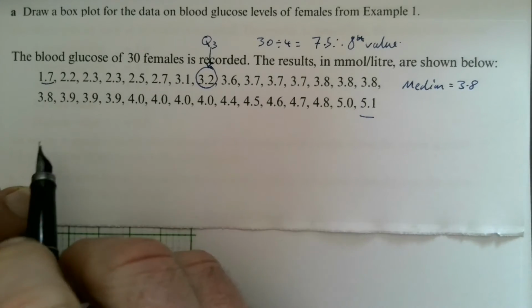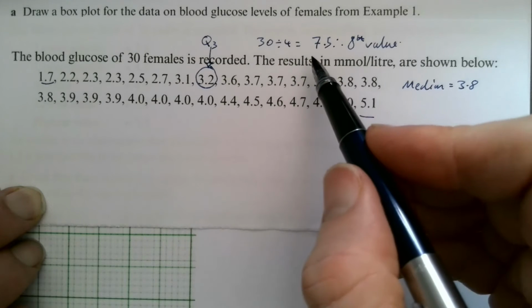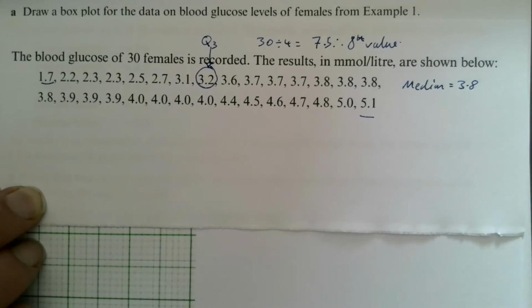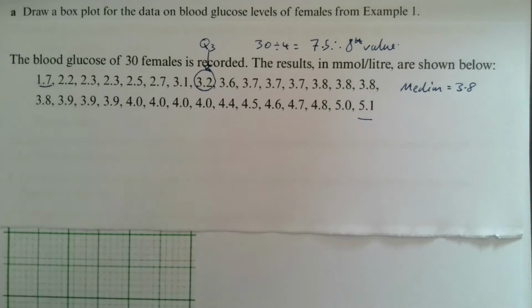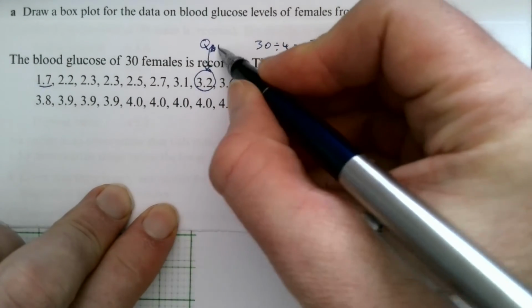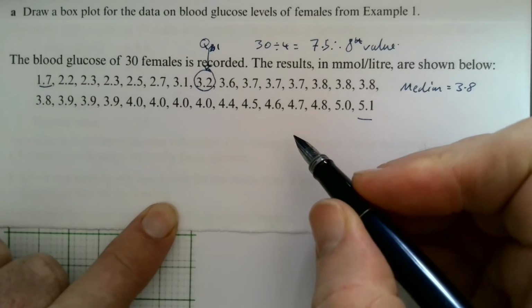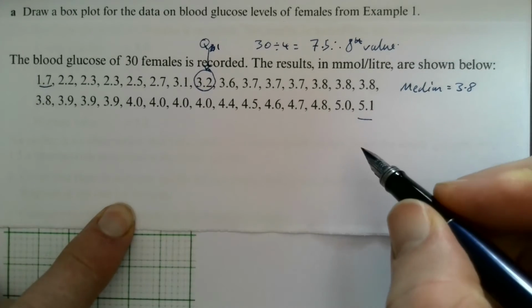And then if we go for the upper quartile, Q1, it's going to be, I'm sorry, I've said that wrong, haven't I? Q1 is the lower quartile, isn't it? Q3 is 3/4 up, so that's why it's Q3.